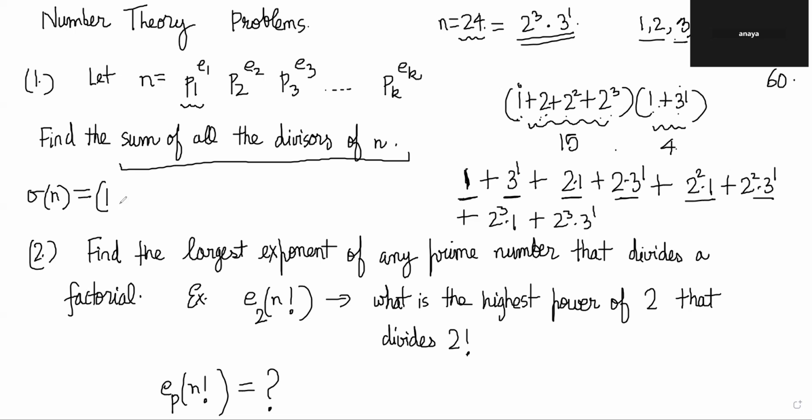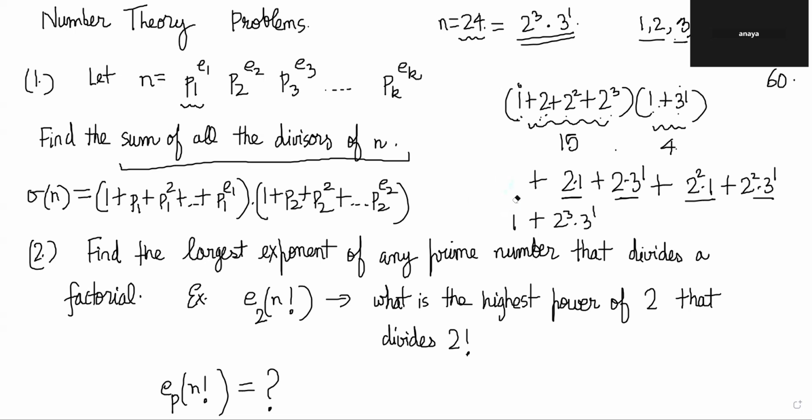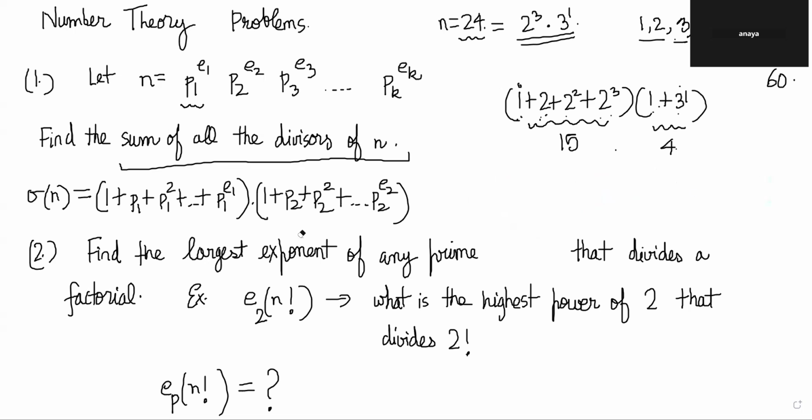So 1 plus p1 plus p1 square till p1 power e1, multiplied with now 1 plus p2 plus p2 square till p2 power e2, and keep writing these products like this. That will automatically give you all the factors, constructed like that, right?